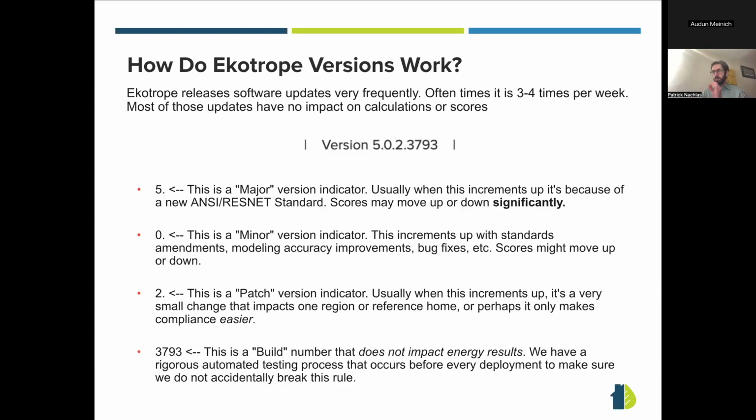The 0, this is a minor version indicator. This is typically a smaller change that only impacts a specific set of projects.